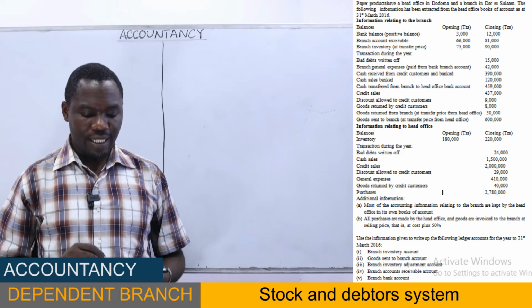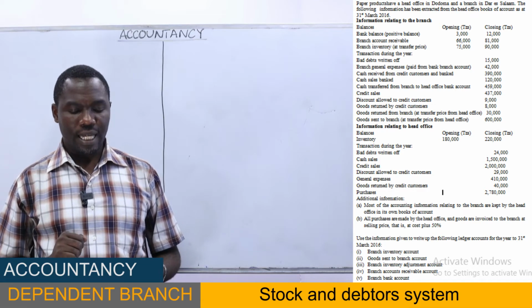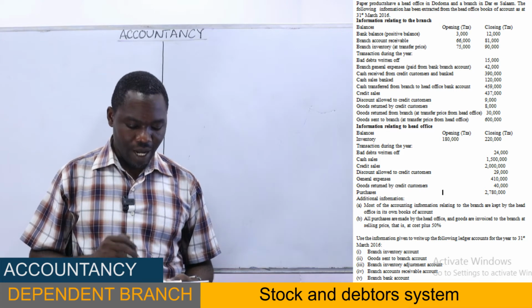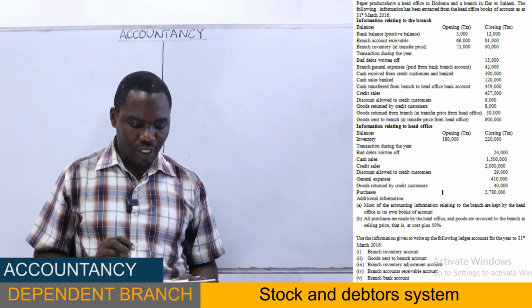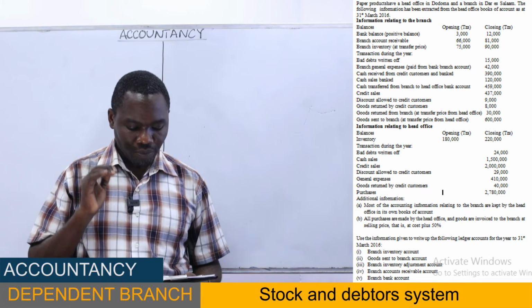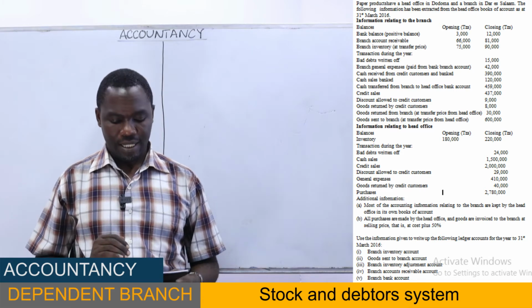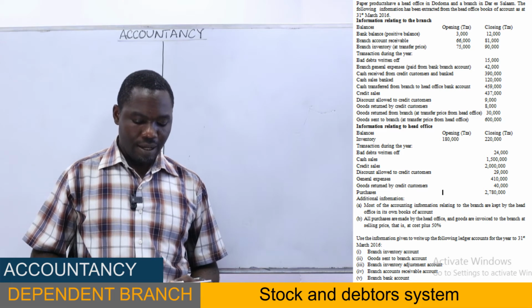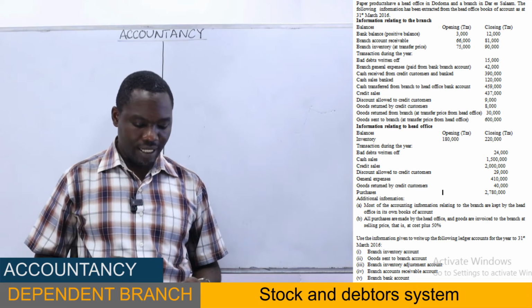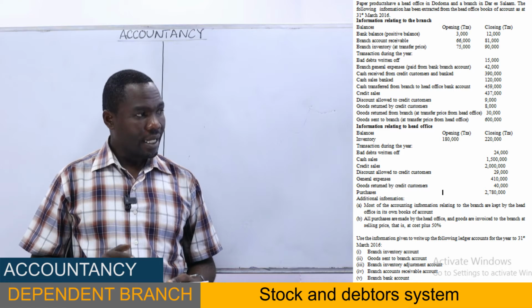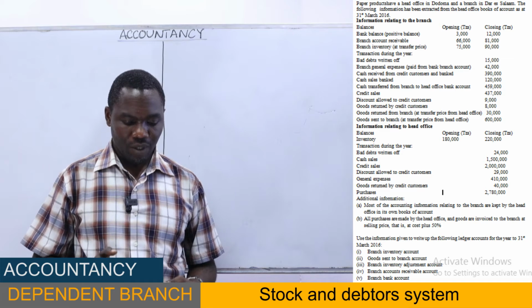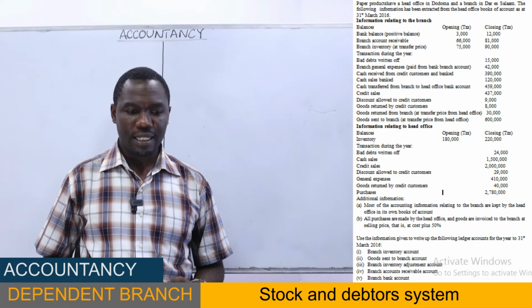Information relating to branch and information relating to head office. But in our requirement, the question requires us to prepare accounts that are relating to branch only. So we are going to open up these accounts, but in relation to branch. Then let us have a short break. As we come back, we solve this question based on the requirement.